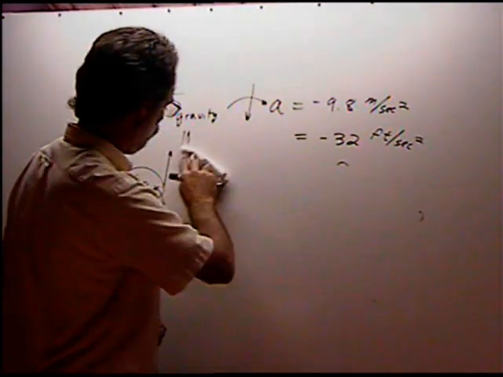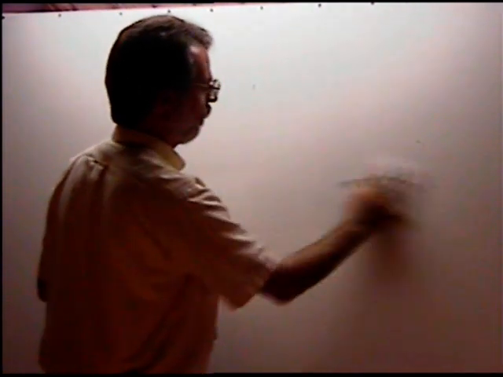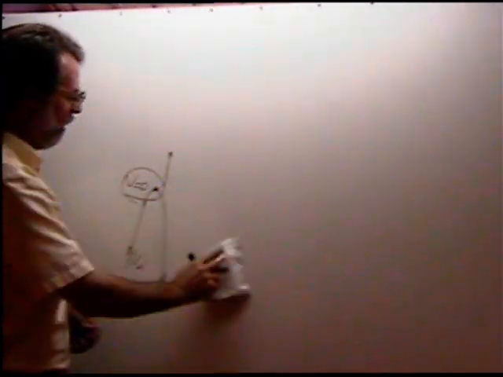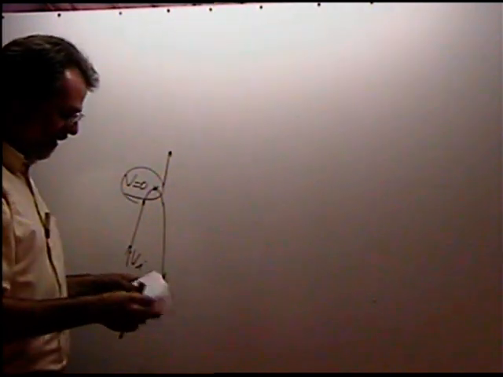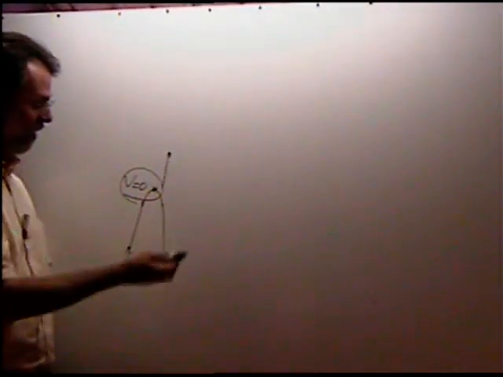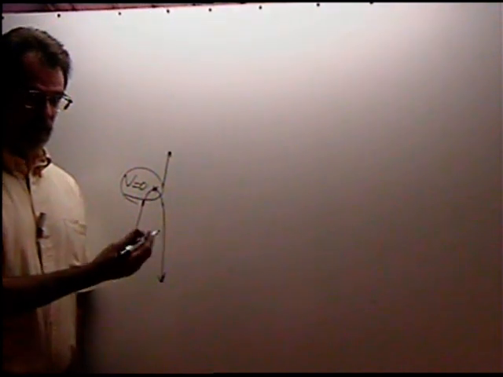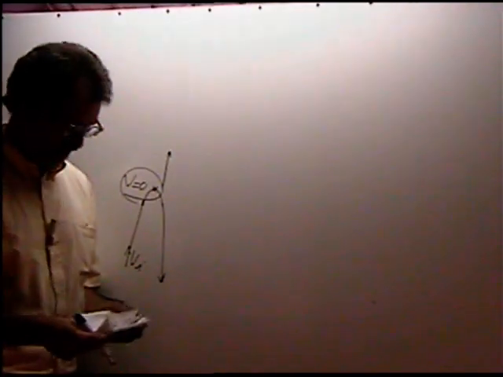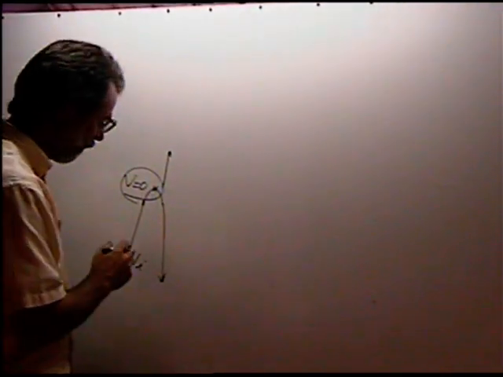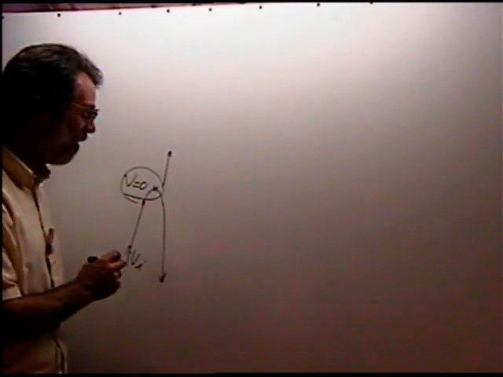Remember back in the lecture we said that if you throw this object up, it's in free fall the moment it leaves your hand. The definition of free fall is under nothing but the force of gravity, the acceleration of gravity. It doesn't matter if it has an initial velocity or not. It's still in free fall.